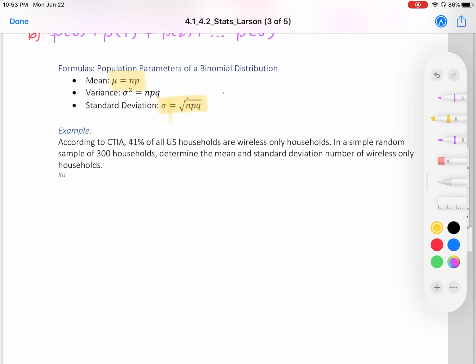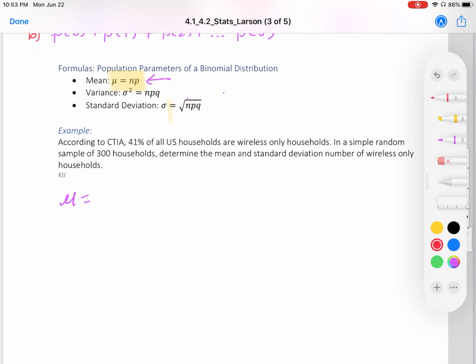Let's see this example. According to the CTIA, 41% of all households are wireless-only households. A simple sample of 300 households, determine the mean and standard deviation of wireless-only households. All right, so our mean, our average, according to our formula that we have here, would be n times p.